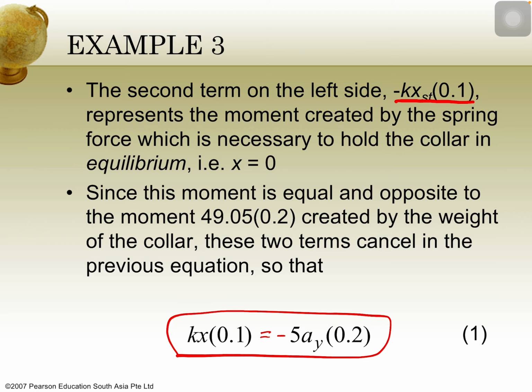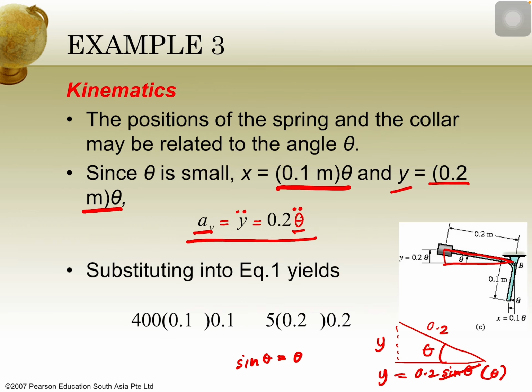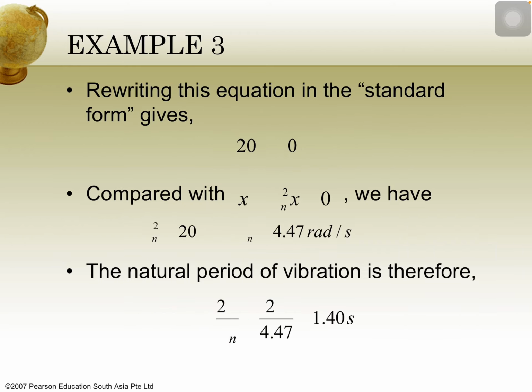So right here, we substitute that parameter with this one, and we get theta equal to negative theta double dot.